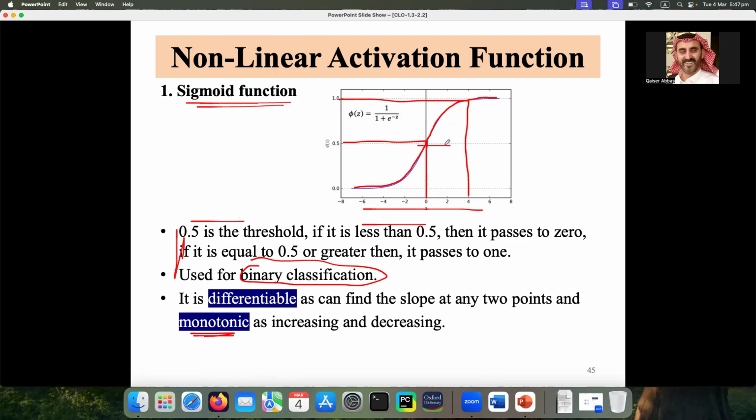All the values less than 0.5 are converted to 0, which means one class, and all the values higher than 0.5 are converted into 1, which means the other predicted class. So only two possibilities, 1 or 0. That's why it is binary classification.